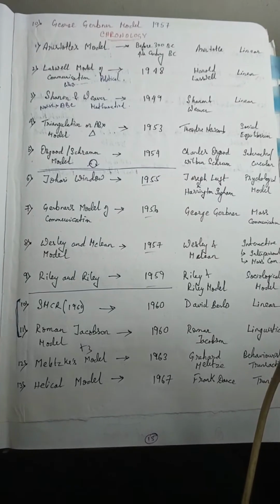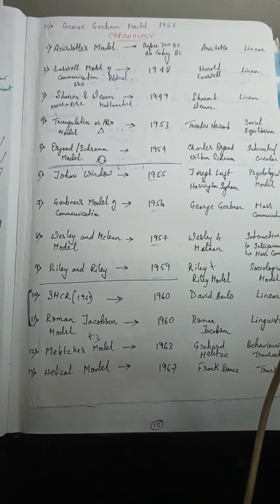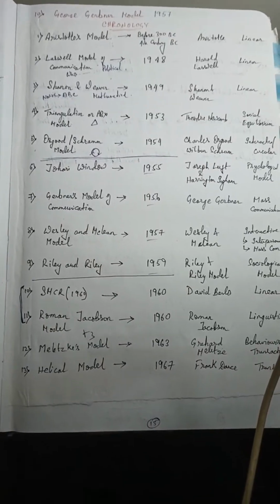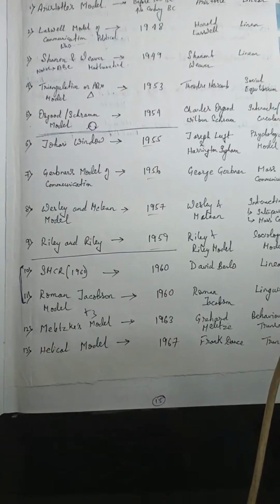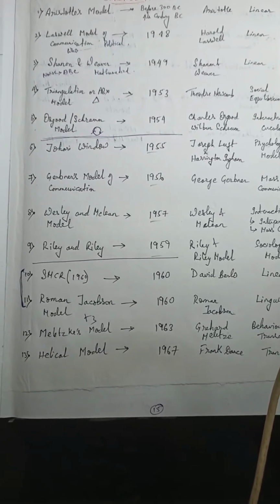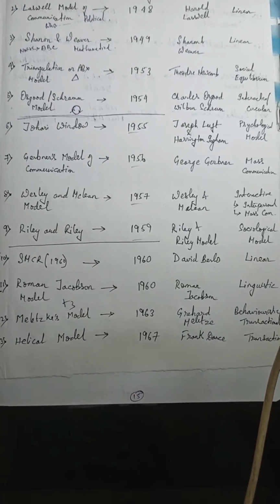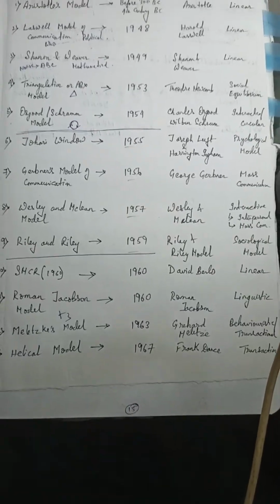Then in 1955 we have the Johari window, by Joseph Luft and Harrington Ingham, a psychological model. Then Gerbner's model of communication in 1956, by George Gerbner. Then Westley and MacLean's model in 1957, the interactive model, also known as the interpersonal mass communication model.